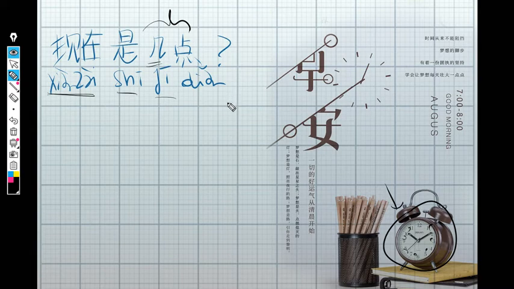There's a short way to do this, to ask for the time, and it's 7点了. So it's straightforward. 7点了.